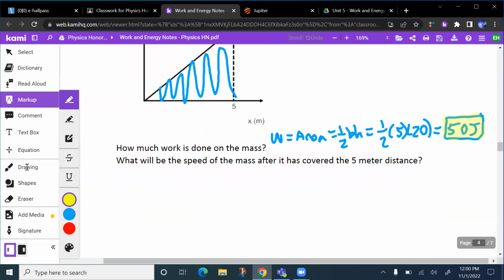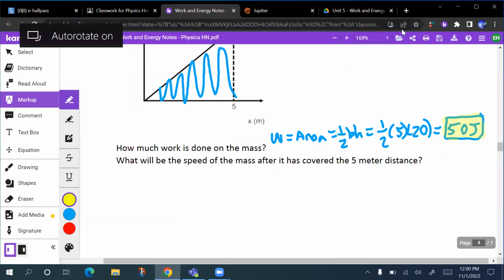What is the speed of the mass after it has covered a distance of 5 meters? Now for this one, we'll go ahead and use work energy theorem, because we have the amount of work done that did what? It sped up the mass, it increased the energy of the mass.